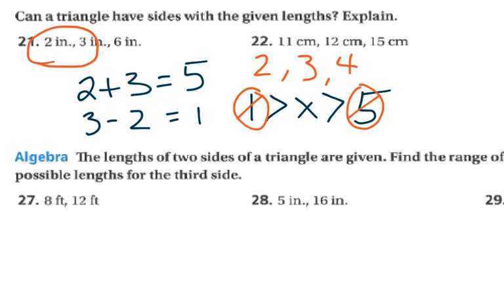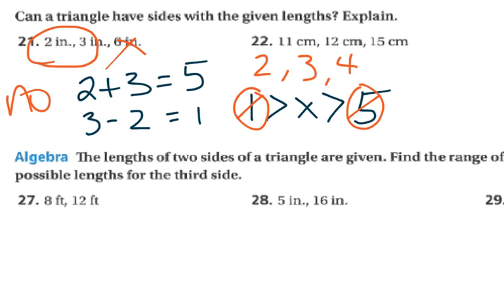But it cannot be exactly 5.0. It can't be 6. 6 is too big. So this would be a no. It could only be 2, 3, or 4, or anywhere in between. Think about a number line. It could be 1.1, anywhere like that.